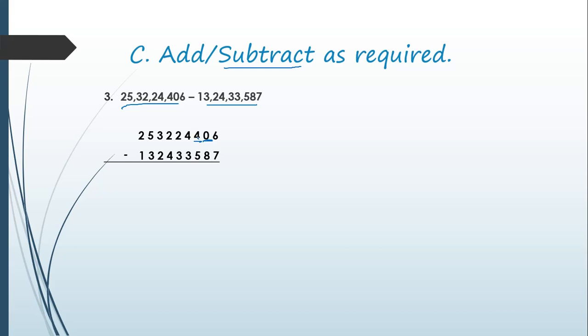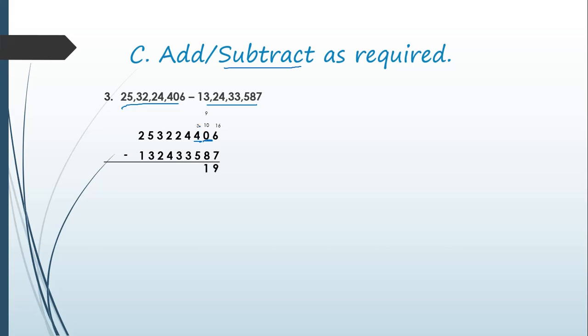If we borrow 1 from this, 4 will become 3, and this 0 will become 10. Now we can borrow 1 from this 10, so 10 becomes 9 and this 6 becomes 16. Now 16 minus 7 is 9. 9 minus 8 is 1.